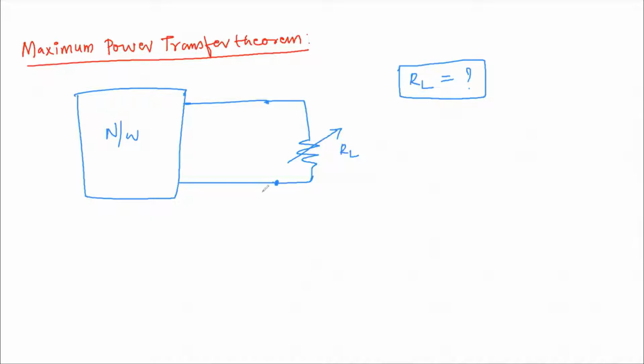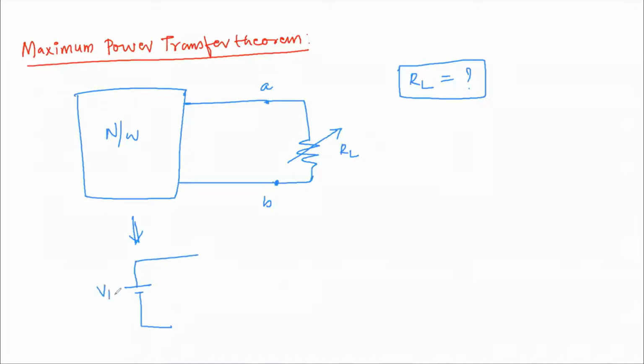First, initially, if you have this big network, how do you convert this network? Using superposition theorem or Thevenin's? First we have to convert that into a small network. So we will use Thevenin's theorem and convert this network into equivalent Thevenin resistance and voltage.